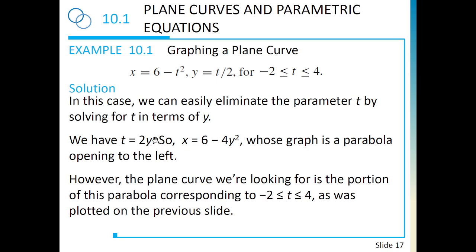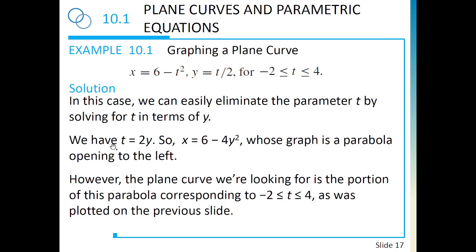So while by eliminating the parameter we get some familiar expression that helps us maybe draw the curve, we still need to go back to our constraints on our parameter in order to know what are the starting and end points for our curve.